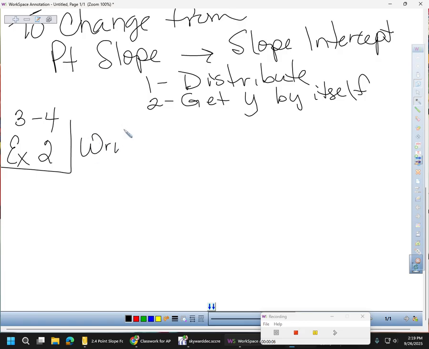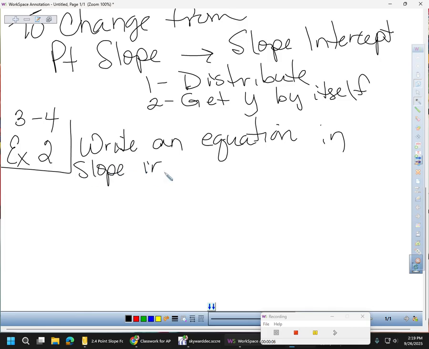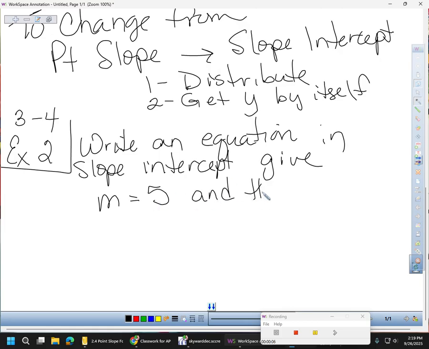Write an equation in slope intercept form given m equals 5 and through, how about 2, -3? All right, so first of all, we're given a point and a slope.